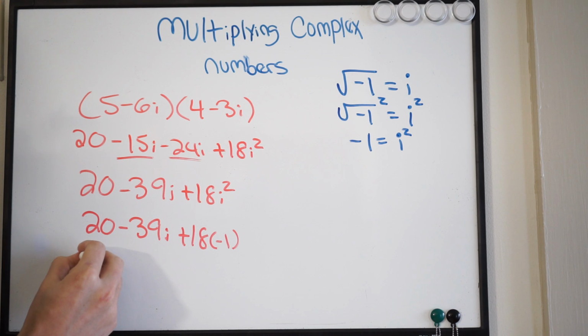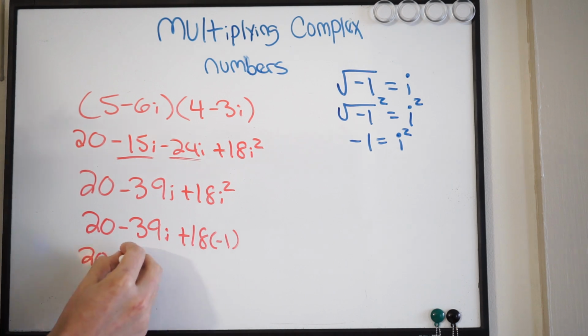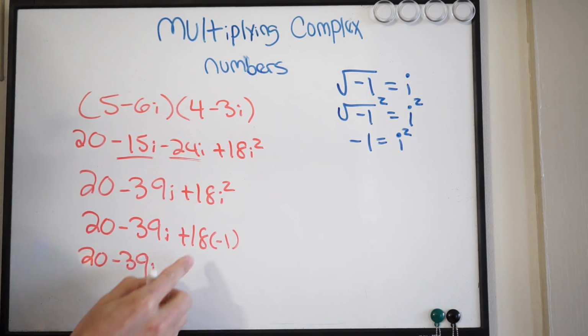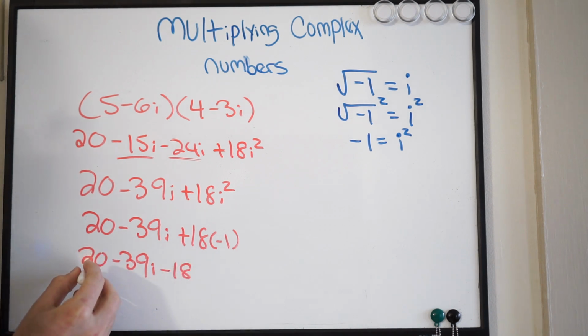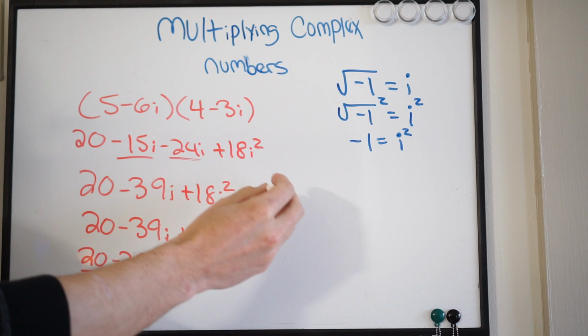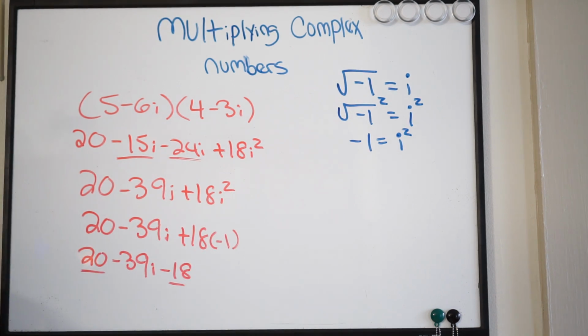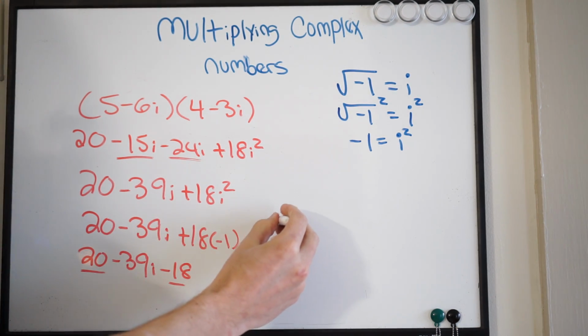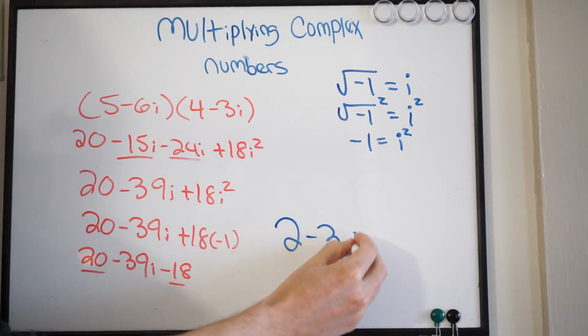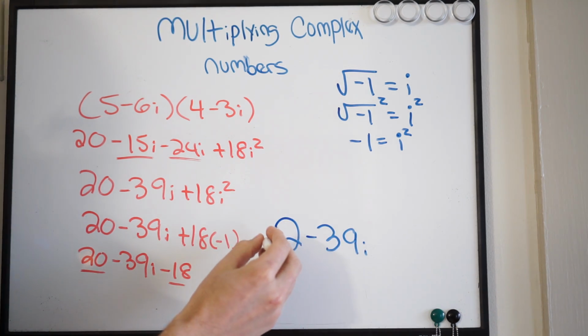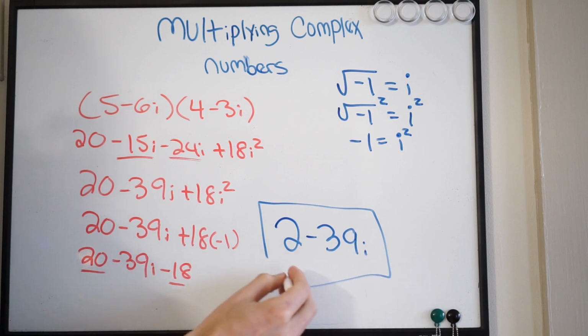So we rewrite 20 minus 39i, it's -18. Combine your like terms, we have here and here, and we will have a final answer here of 2, right, and then minus 39i, and that right there is your answer.